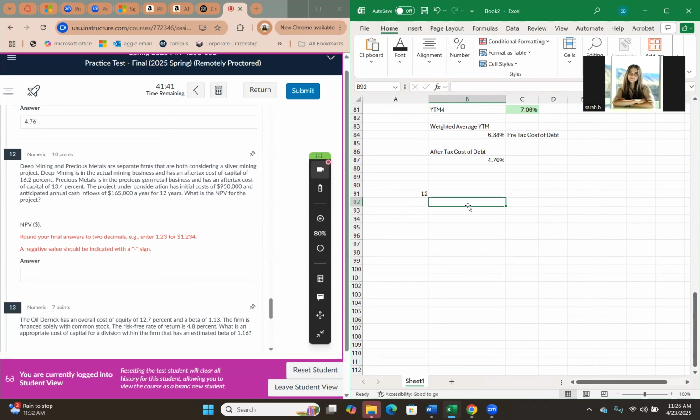This is pretty simple. It's just NPV. The NPV is going to be equal to the negative $950,000 that it takes to start the project plus 165,000 times 1 minus 1 over 1.162 to the power of 12, divided by 0.162.